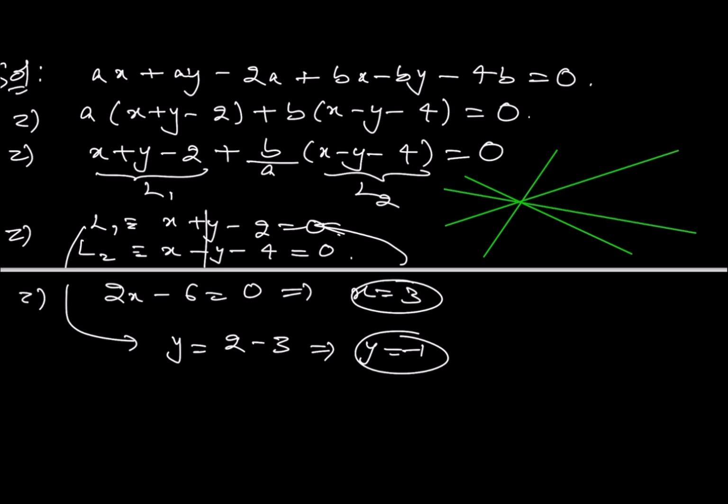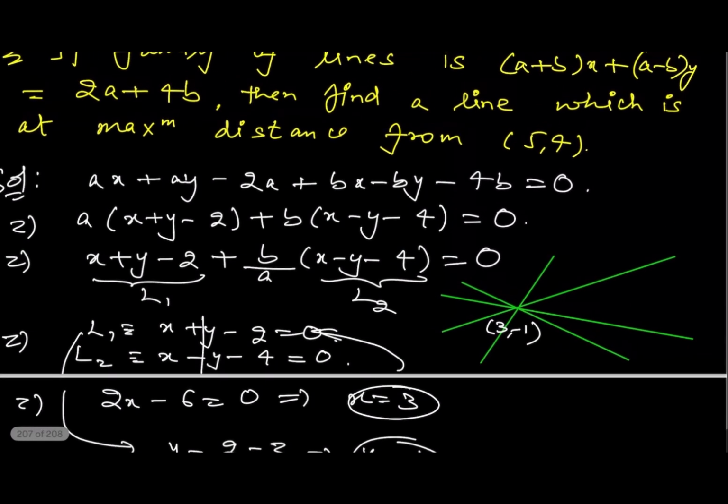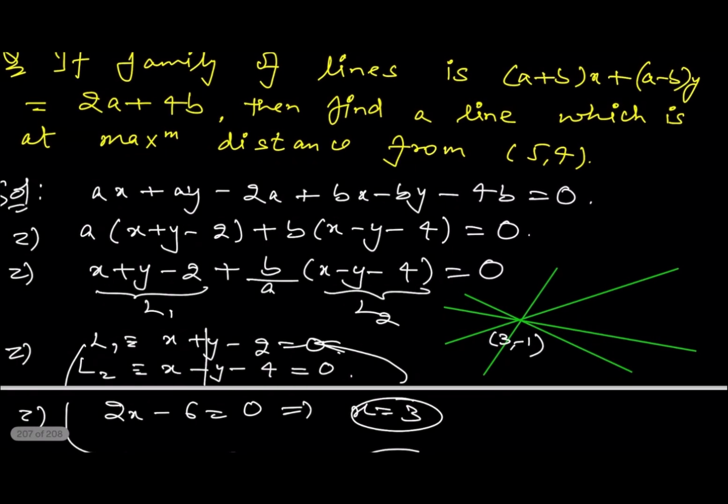So this point is 3 comma minus 1. Now in the question they are asking for a line from these lines which is at maximum distance from 5 comma 4. Say this point is 5 comma 4. This is Q, say, and this is P.